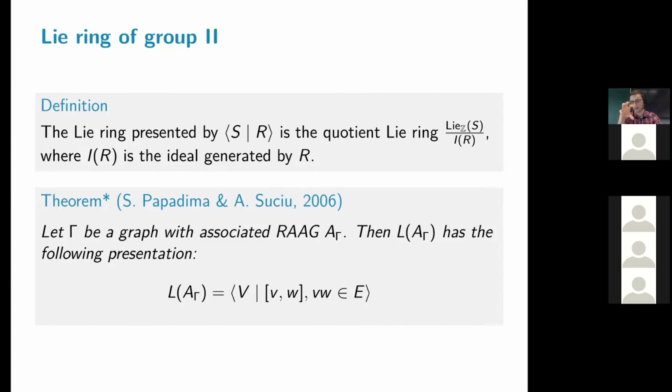So with this, I would like to end, and I hope I've shown that in many cases, your right-angled Artin groups behave as you would like. But in many cases, also the proof is not that easy. Proving this also uses a lot of strong theory and other results. So it's highly non-trivial, but it's very nice and useful that this presentation holds in the case of right-angled Artin groups.